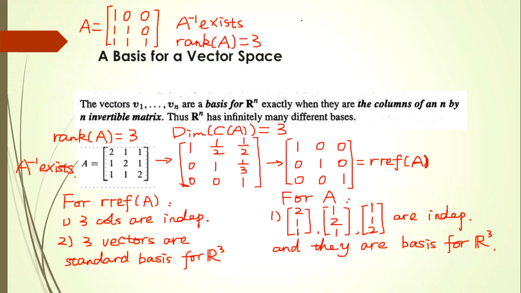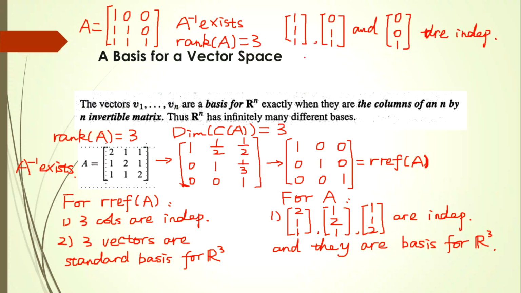The 3 columns are independent, so those 3 columns in this matrix A are also a basis for R3. Are you clear? That is what this statement means.